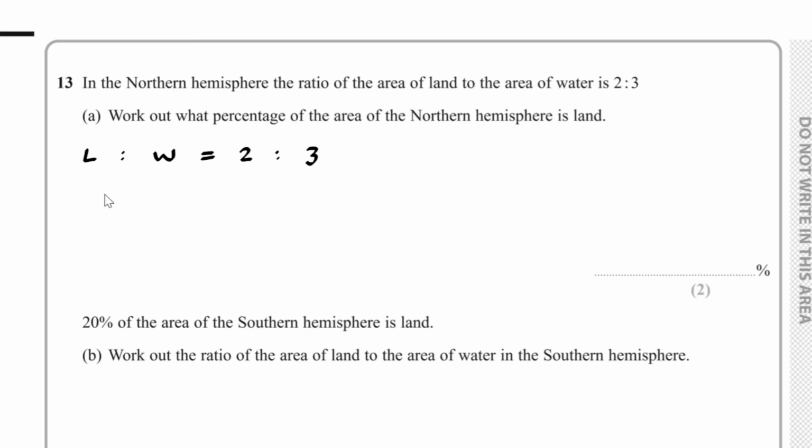We've got in total 2 plus 3, which is 5. We've got 5 parts in total, and of those, 2 of them is land. So we've got 2/5, which we need to convert into a percentage, and we do this by multiplying by 100. And it turns out here we would get 40%.